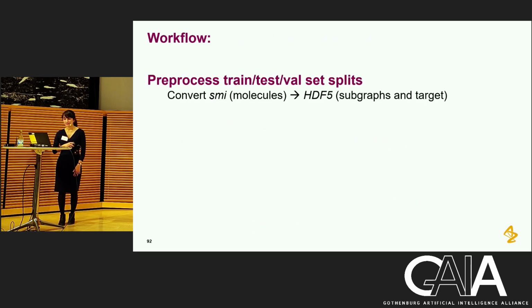So the workflow for these whole generative models is we start by pre-processing all the data. So our training, test, and validation set splits, which means we're going to convert our initial SMILES file that contains all the different molecules in our different sets. We first convert it to HDF format for practical purposes.